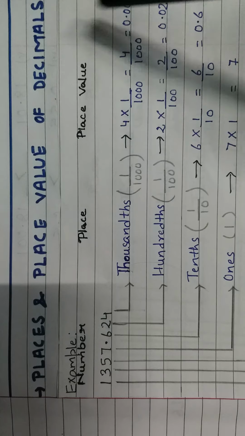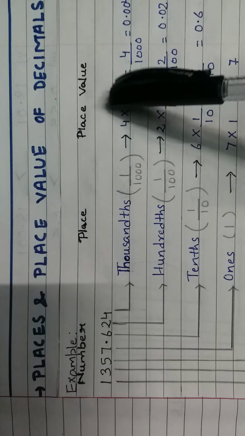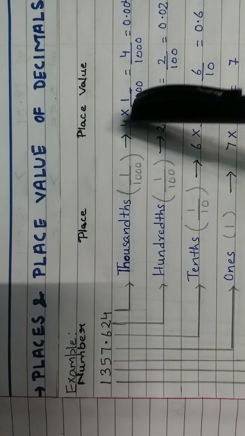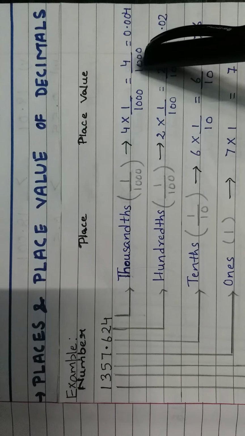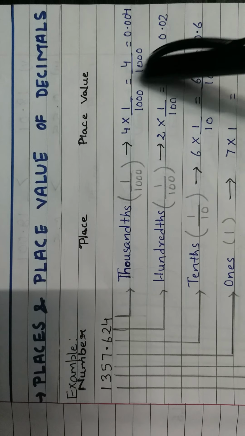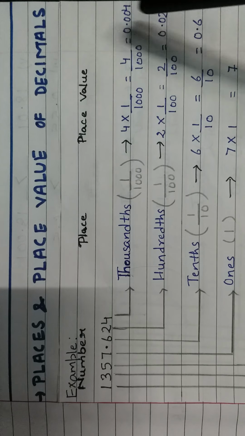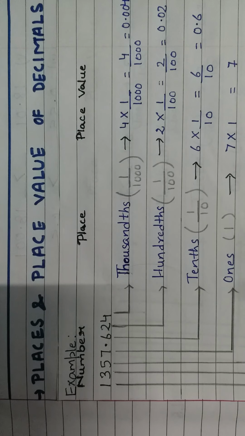Then the place value of this digit is the digit multiplied by the value of the place, that is 4 multiplied by 1 upon 1000, that will be equal to 4 upon 1000, equal to 0.004. You can write it like this or this. Both are correct.